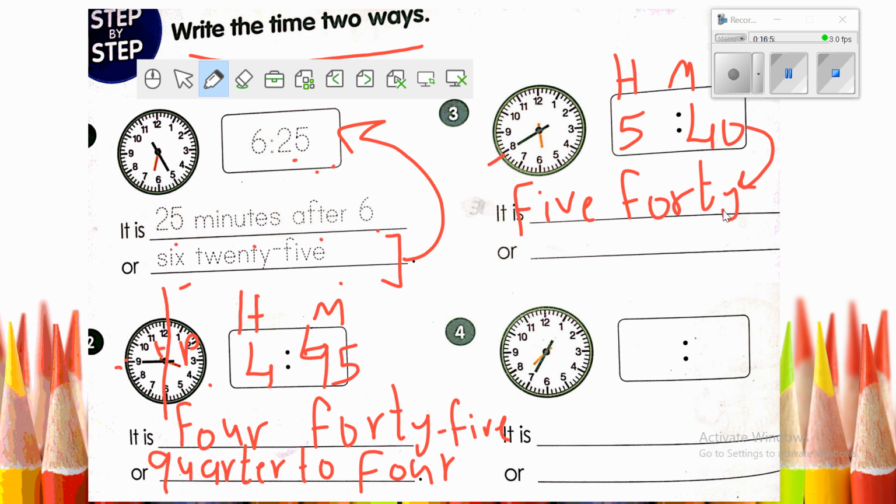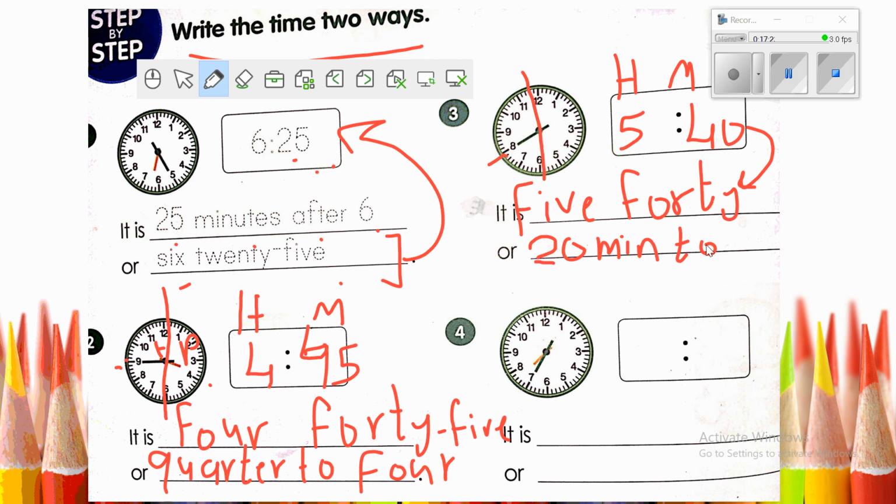And the other way, let's see where the minute hand is. Yes, the minute hand is on 8. So 8, what is it? Past or to? "To". Remember, what is 8? 20. Perfect. So it's 20 minutes to the next hour.